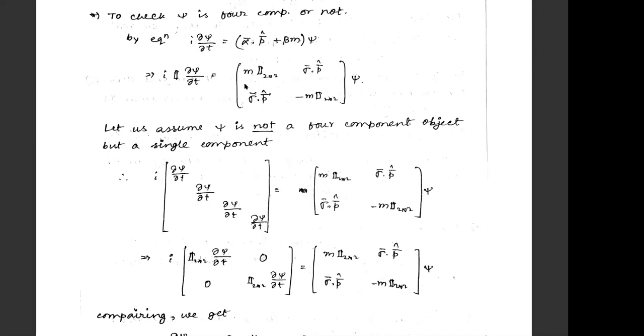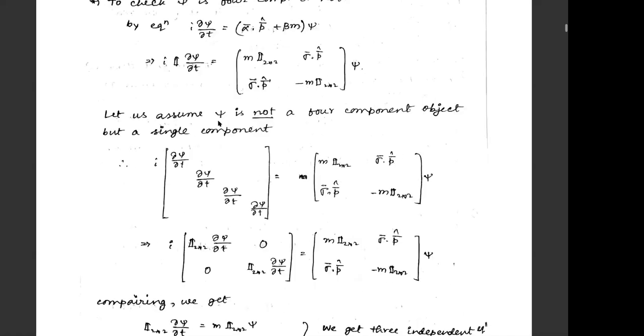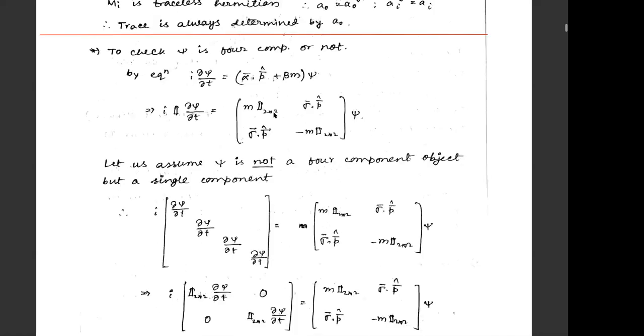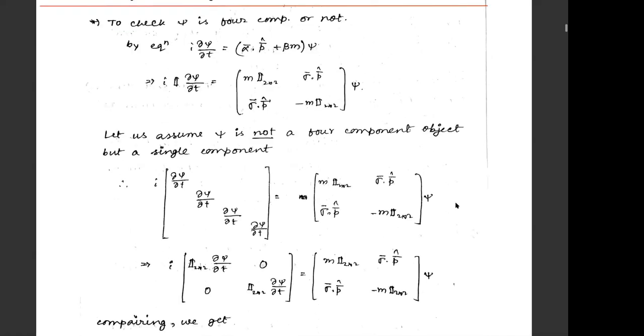It looks like independent equations. If you equate each component on the left and right hand side, you will find this on this side, and this on the other side, all of them multiplied by psi.